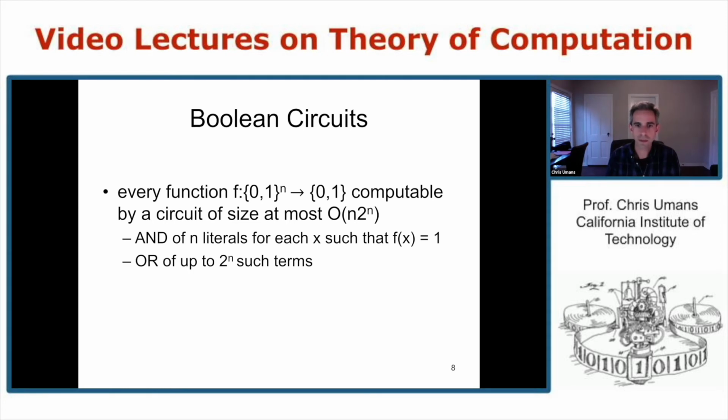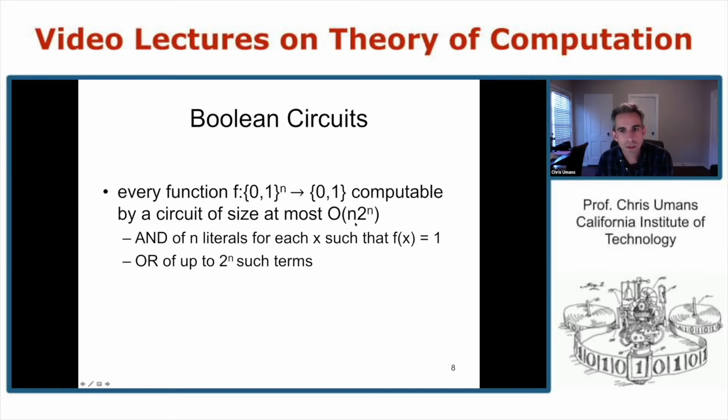Okay, so like if the x that you were thinking of was 1 0 1 1 1 1 1, then that AND would be the AND of x1, not x2, x3, x4, x5, etc., and so on. So you can construct an AND of n literals for each x that evaluates to 1 on exactly that point and no others. And then you can just take the big OR of as many of those as you need to take care of all of the points at which the function evaluates to 1.